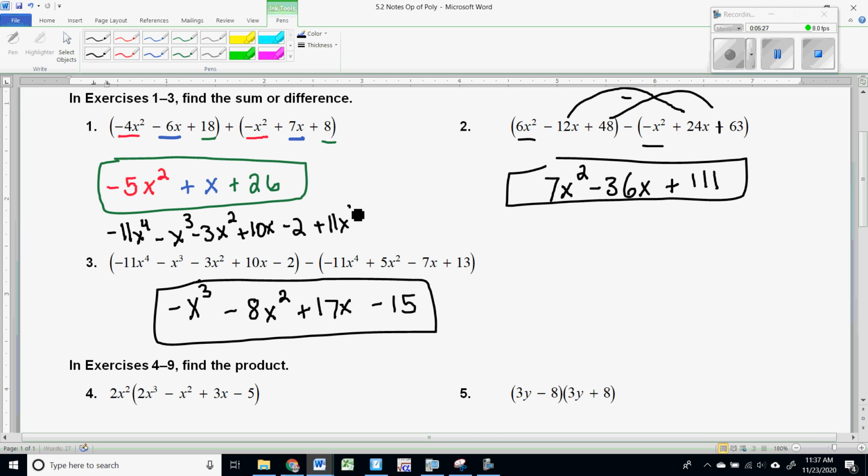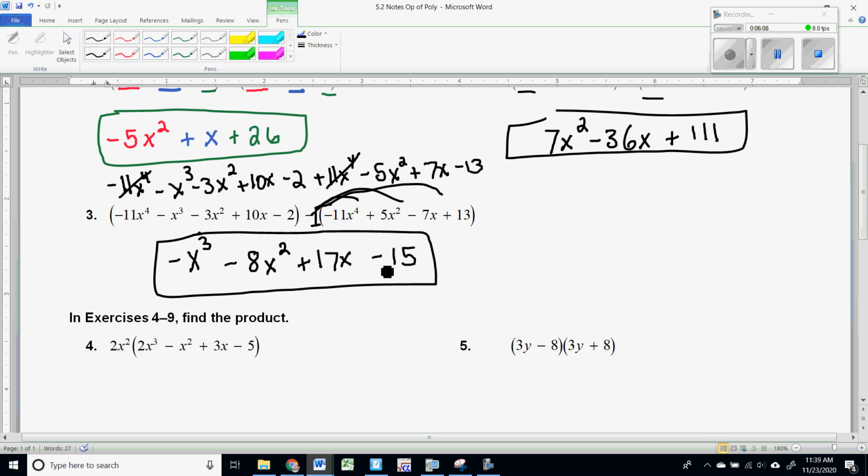Plus 11x to the fourth, minus 5x squared, plus 7x, minus 13. Once I've got rid of that negative sign, it's a little bit easier to keep track of. You can see how I have a plus 11 and a minus 11x to the fourth in order to cancel. So that's one trick, is just distribute that negative 1 in the front through each term and rewrite them. That just helps you to keep track of those terms.